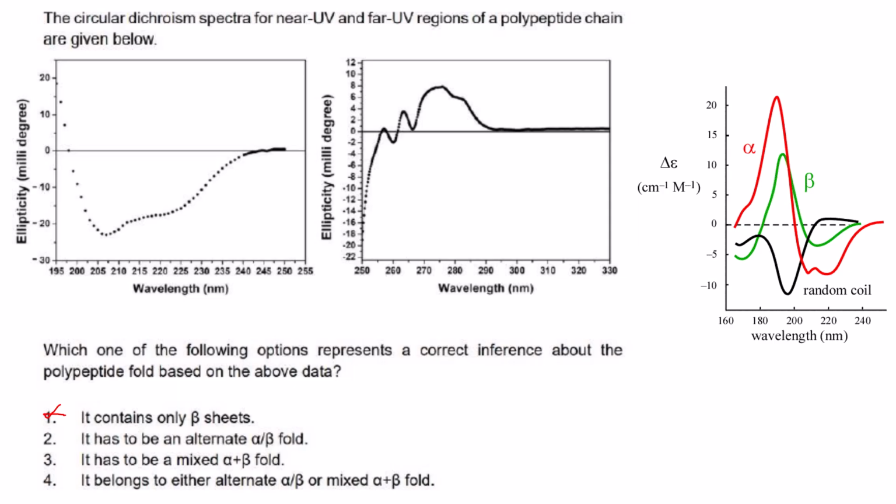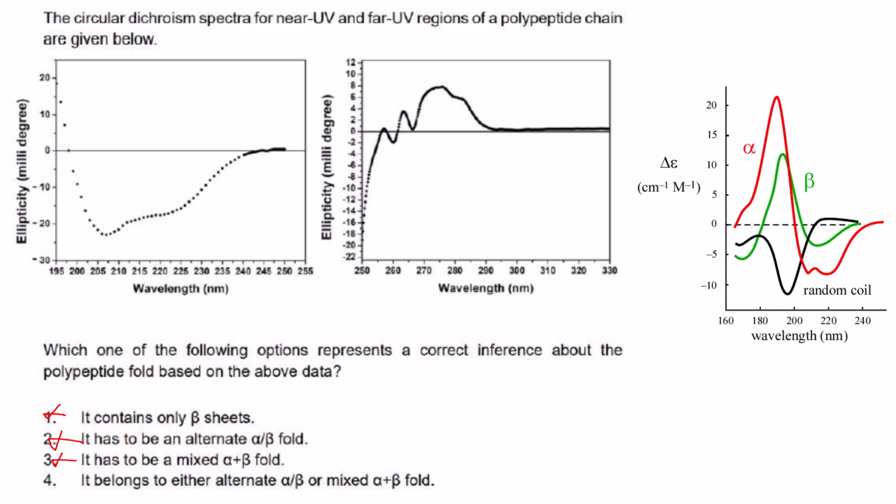How can you confirm that without giving much information about the peaks in the tertiary structure, and neither in the secondary structure? You cannot tell with full confidence. That is what is meant by it has to be an alternate alpha beta fold. You cannot tell that. Then the third also says again, it has to be. That again makes it wrong.